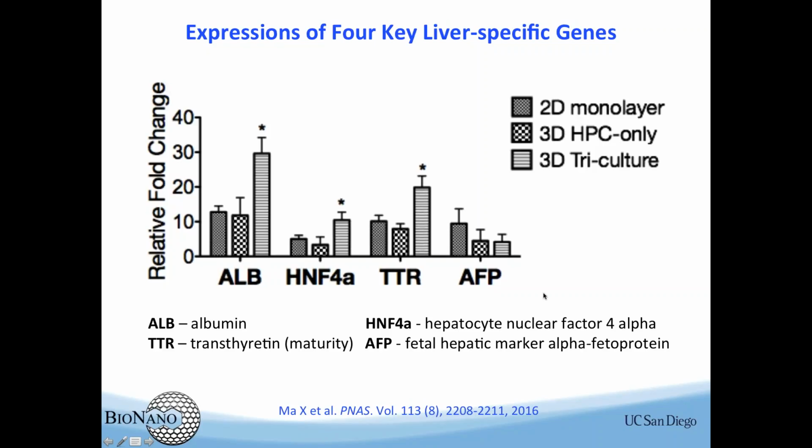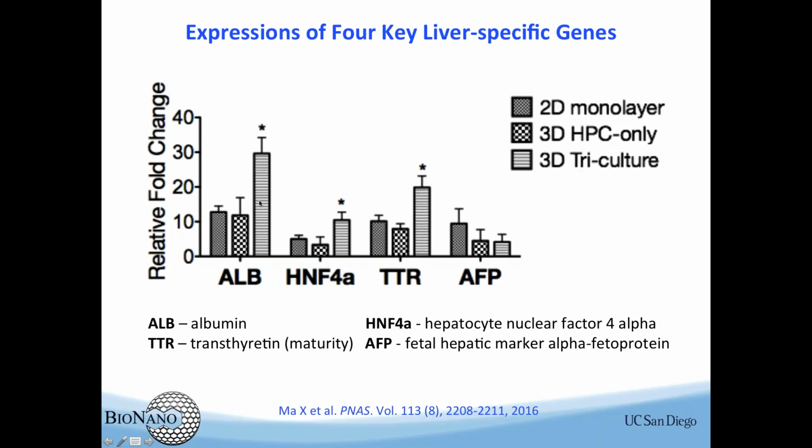For the study itself, we compare with other cases: the 2D monolayer case, and also the 3D hepatic cell only case. In this case, even though it's 3D, we don't put supporting cells in the pattern. So you can see there's a significant difference in these liver-specific gene expressions.